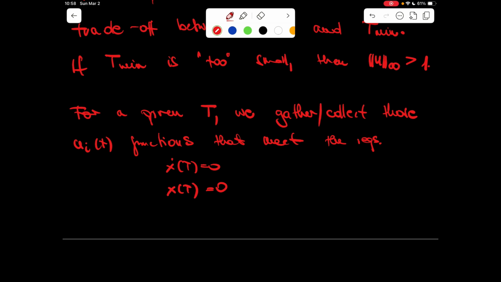And now we can check, as a second step, if this third restriction also holds. So we will check if with a given t, the u functions meet this particular requirement.